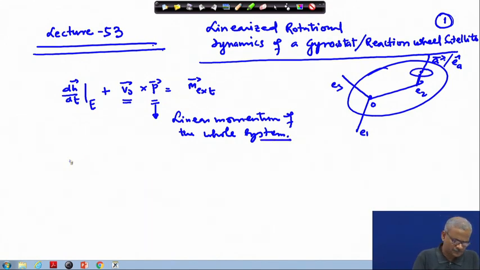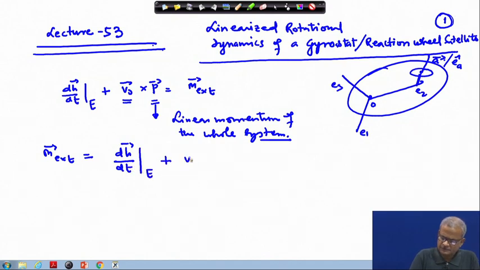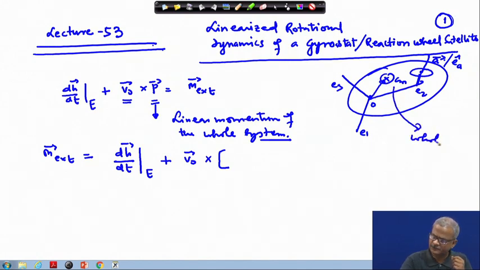Okay. So, for this particular case, plus V0, as we have observed, the linear momentum of the system, if the center of mass of the system is located here, this is the center of mass of the whole system.